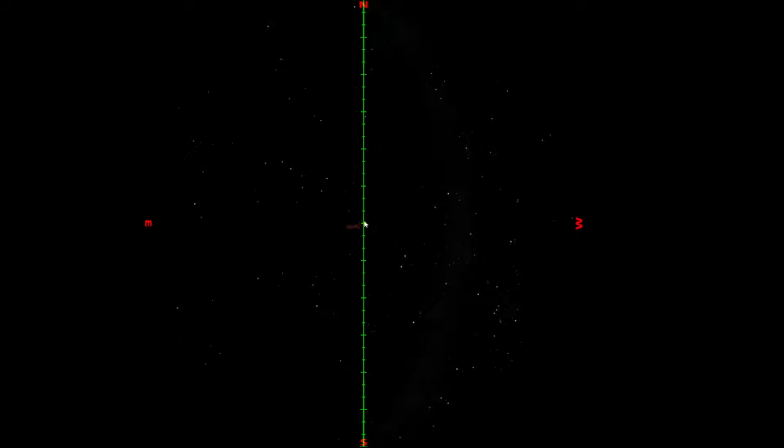The zenith is the highest point in our sky. It's local to you, so it's the highest point directly above your head. That's your zenith, and the meridian goes from the very southern point of your sky through the zenith and up through the north. All right, so that's the zenith.